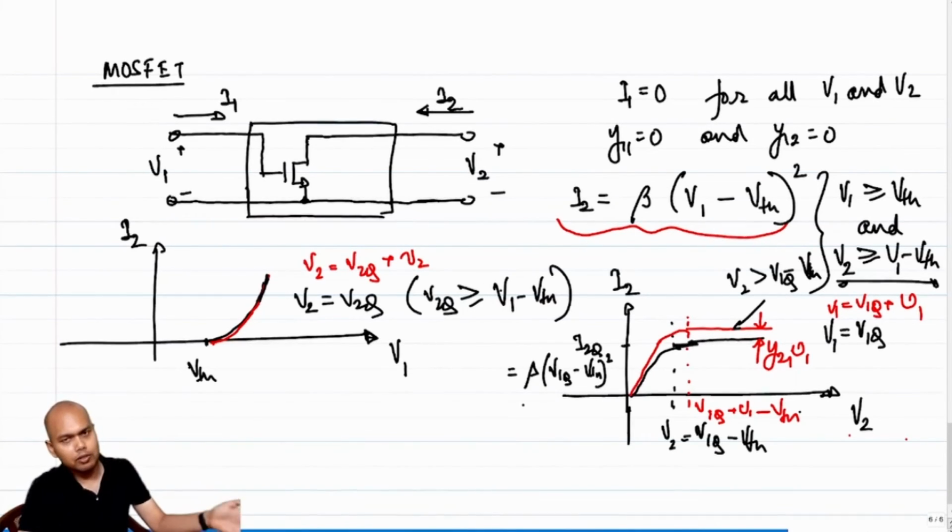So you should be able to satisfy the conditions of Y11 equal to 0 or close to 0, Y12 equal to 0 or close to 0, Y21 as high as possible, and again Y22 close to 0 or equal to 0, right? As long as the new device that you encounter satisfies these 4 conditions, you should be able to make a decent amplifier.